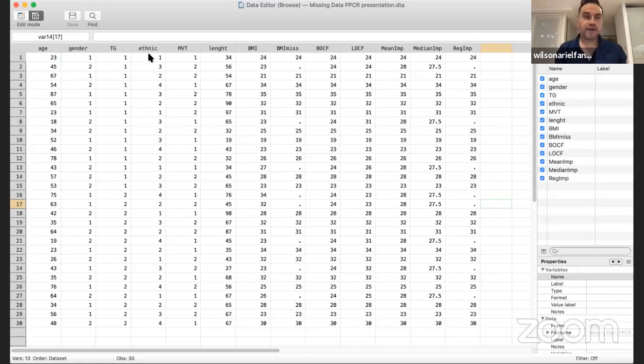But now let me do something very quickly, because I'm going to run a logistic regression model. In order to do a logistic regression model, you have to change the code of your primary outcome, because otherwise the logistic regression is not going to work.